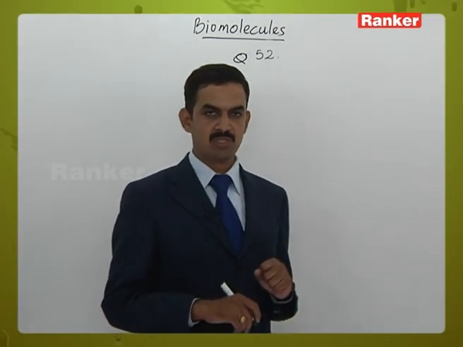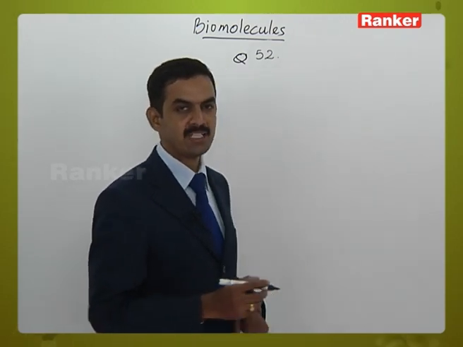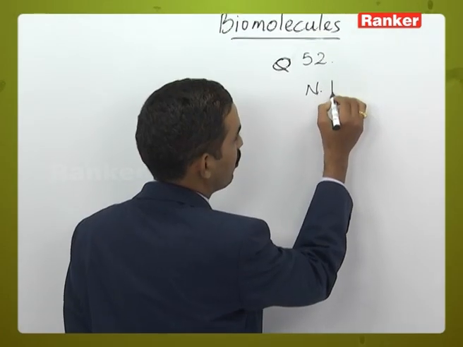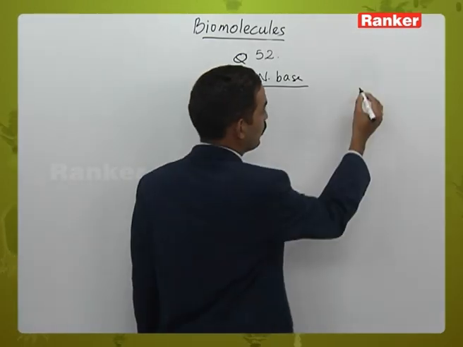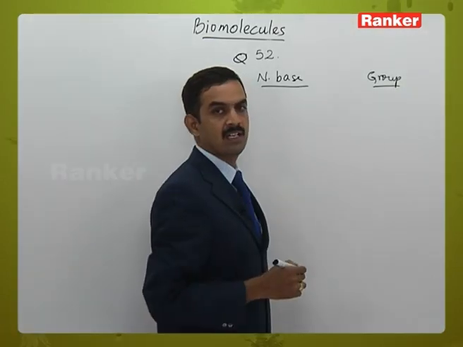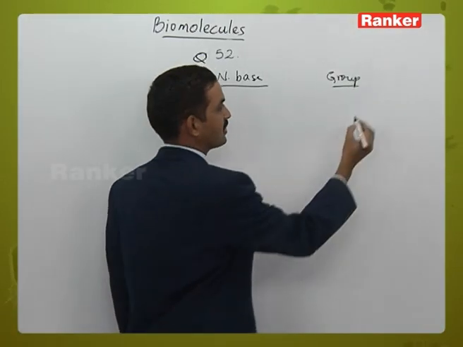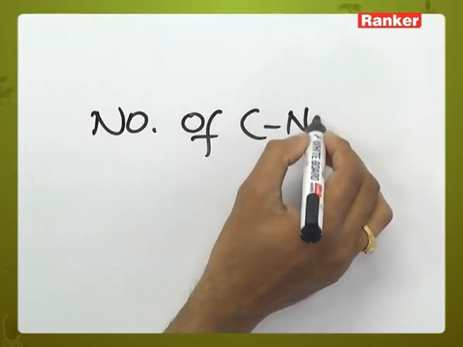Now let us come to the correct matches to see whether the matches that have been given are correct or not. Now, first one is a nitrogen base, the second column is a group, and the third column is the number of CN rings.